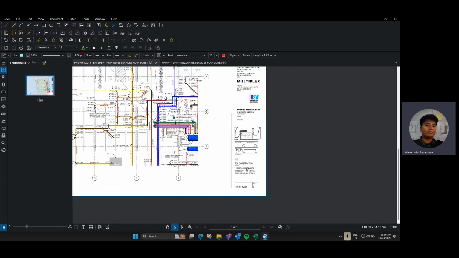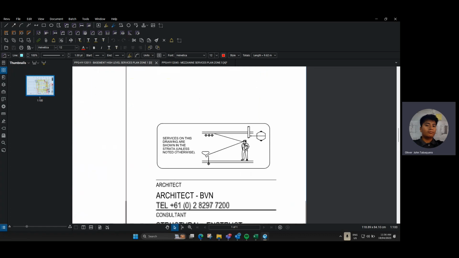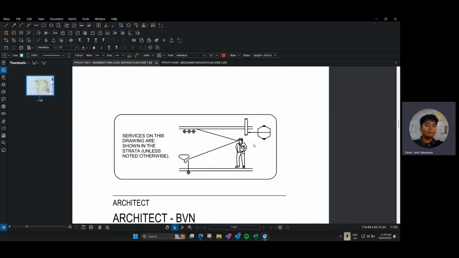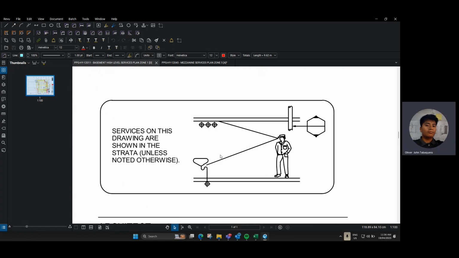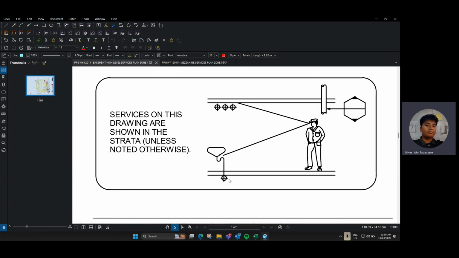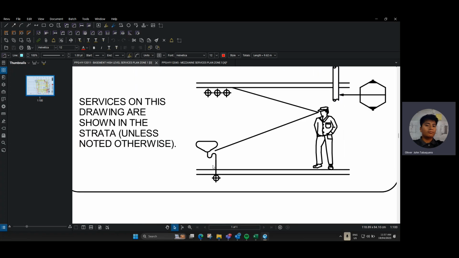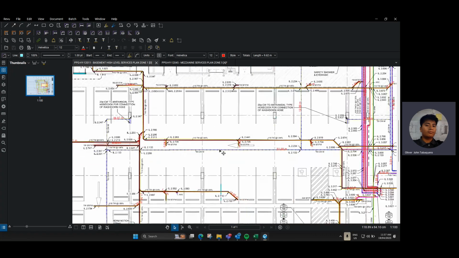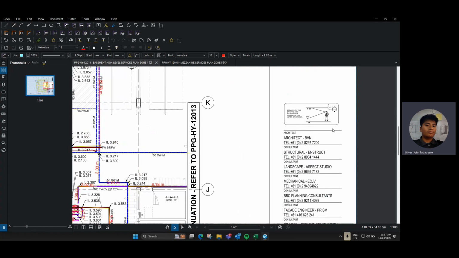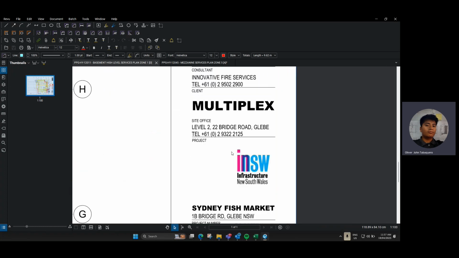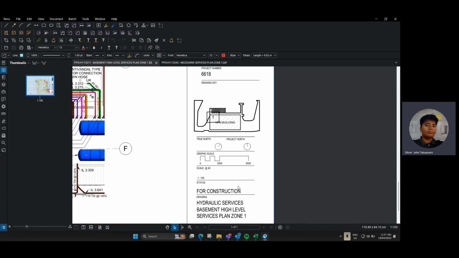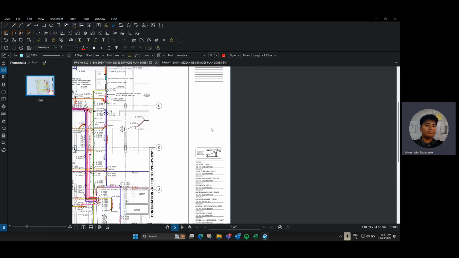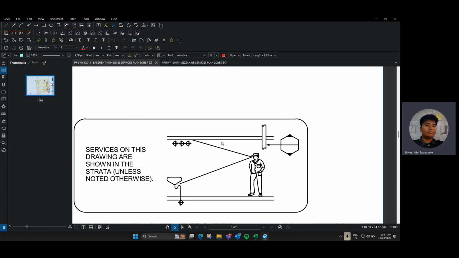If you are in basement and you can check this, you can see here that some of the pipes we are looking at for drainage, they are below. So if you see drainage or stormwater pipes here, you can assume that it's below basement. But if you see pressure pipes such as hot water and cold water, you can assume that they are above or on the under slab of the next level.